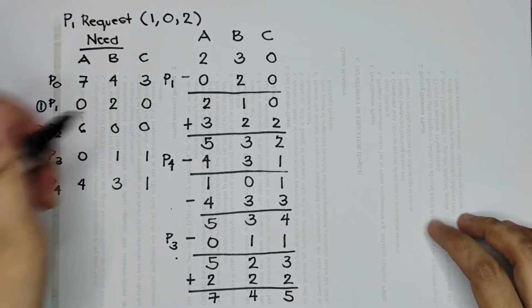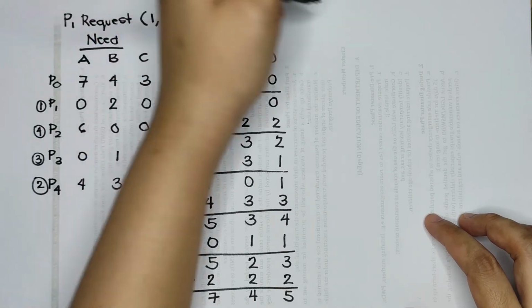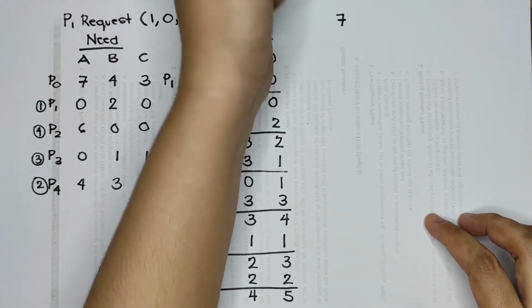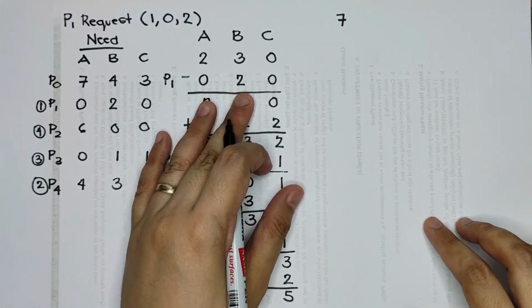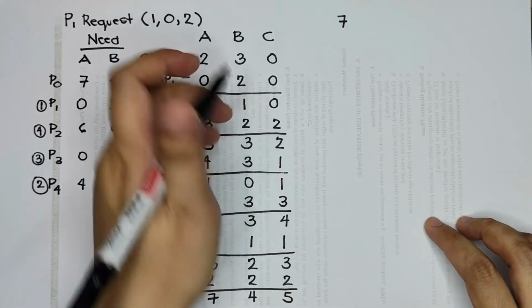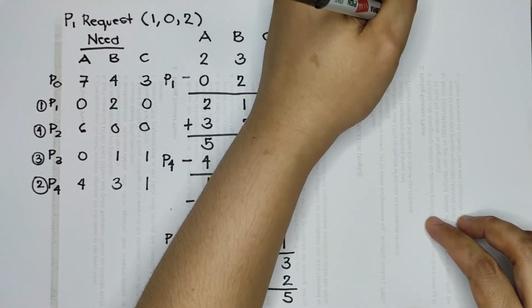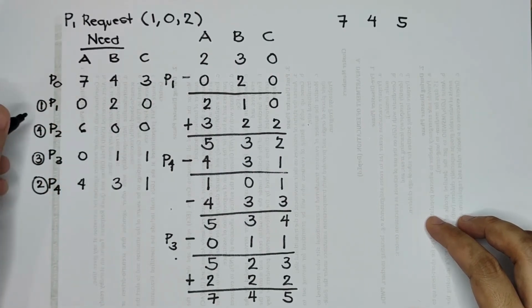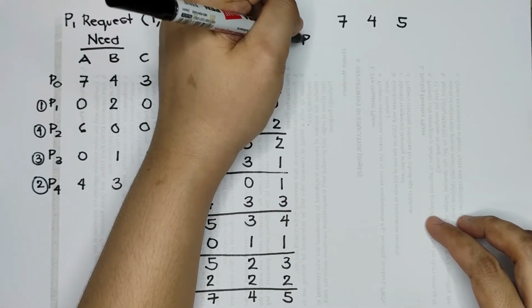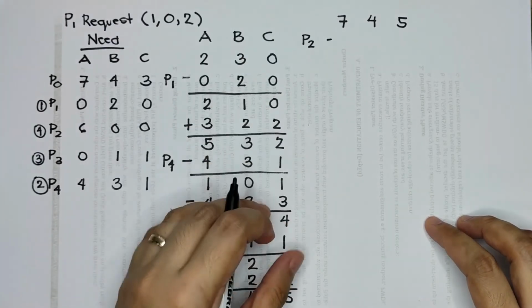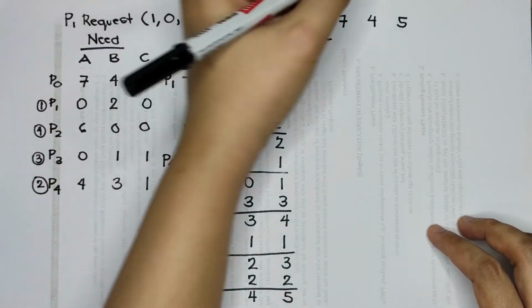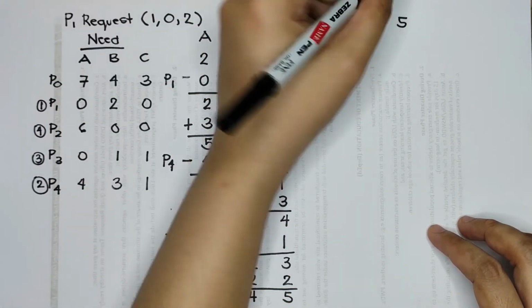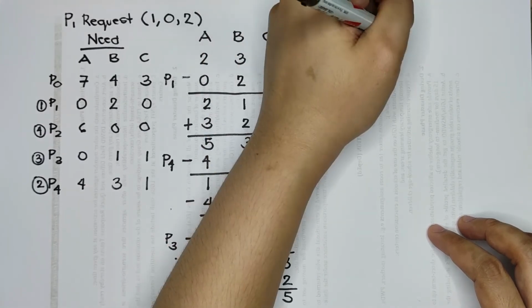So, for number 4, let's rewrite 7, 4, 5. Then, P sub 2. Subtract its need value, resource value. So, we have 6, 0, 0.